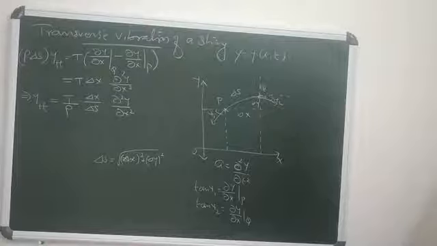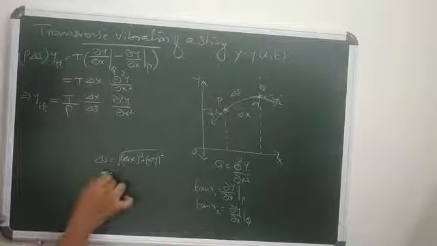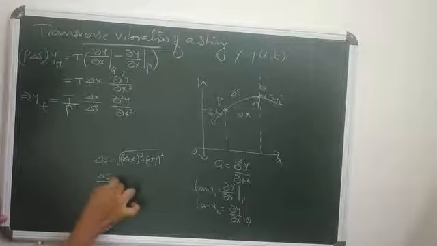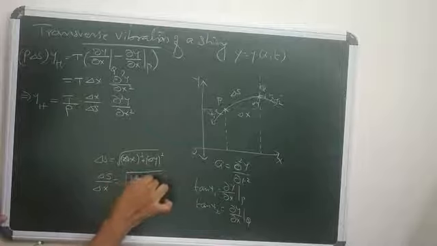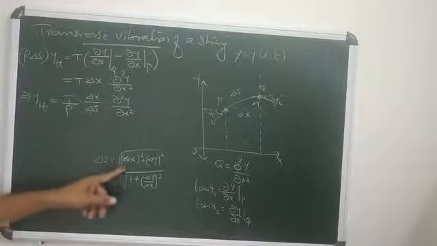Okay. So what is delta x by delta s? Delta s by delta x equals square root of 1 plus delta y by delta x whole square, taking delta x outside.